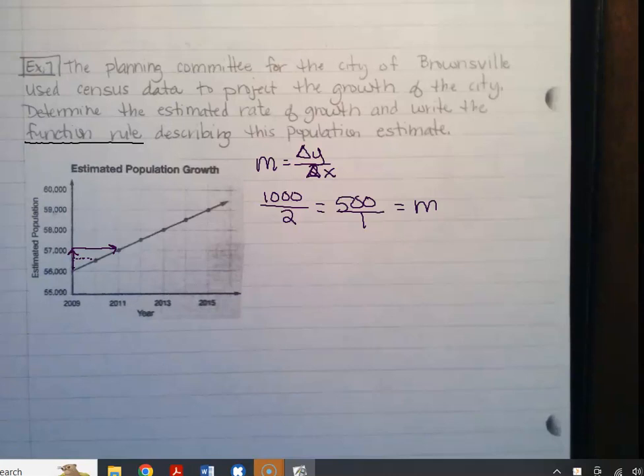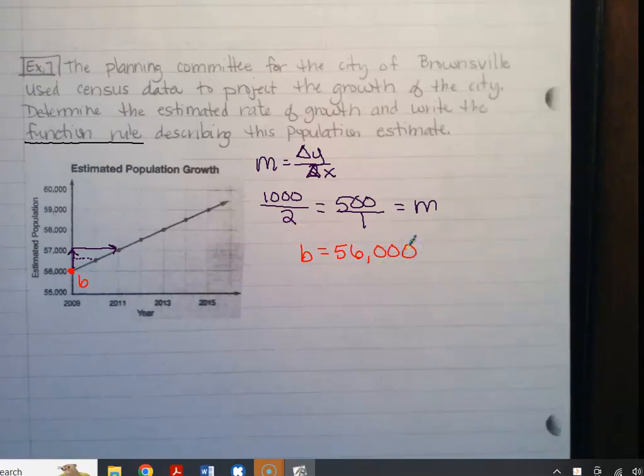Does it cross the y-axis where it starts? Yes. So wherever that point is on your y-axis, that is your B. So our B is what? 56,000? 2009. Yeah, that's where it started. So our B is 56,000.